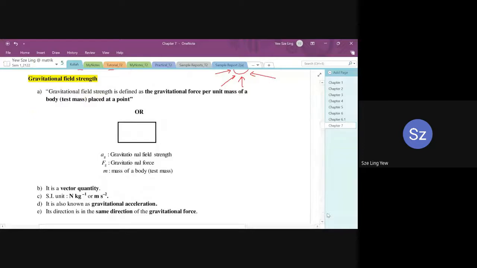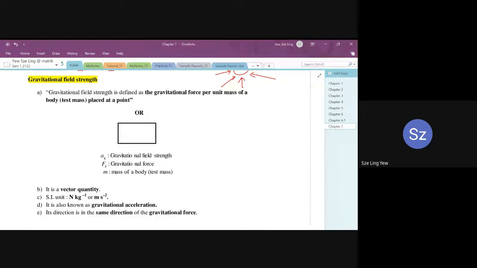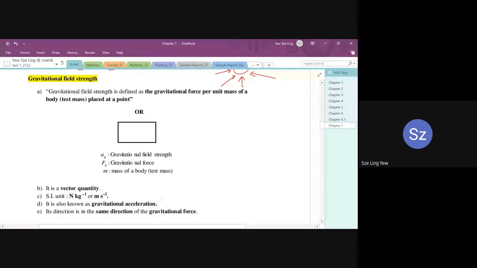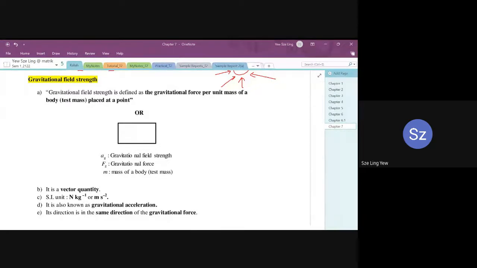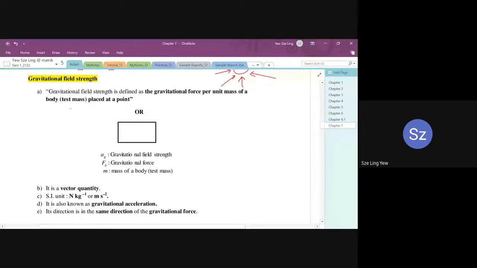So gravitational field strength, just now we looked at it in terms of the lines, in terms of distance, the spacing between the lines. Now we want to look at it in terms of calculations, in terms of value. So how to calculate? What is the definition of gravitational field strength? Gravitational field strength is defined as the gravitational force per unit mass of a body that has mass placed at a point.